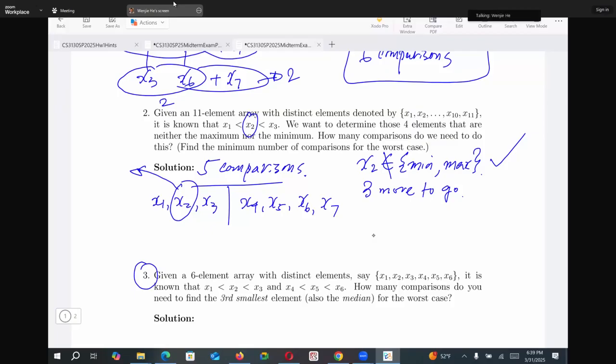Then x1, x3 gives the information that x3 is greater than x1. We should use it: x3 is the winner and x1 is the loser. So x3 should go directly to the winners group, and x1 directly to the losers group.